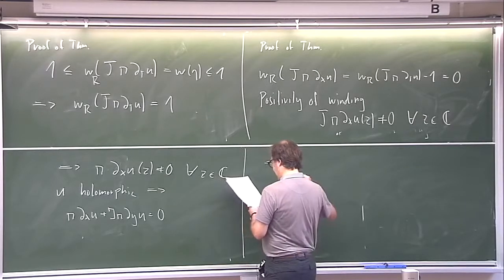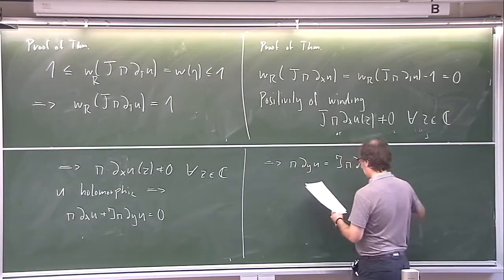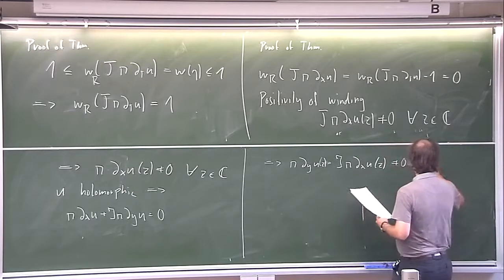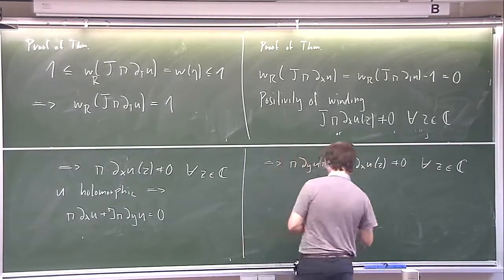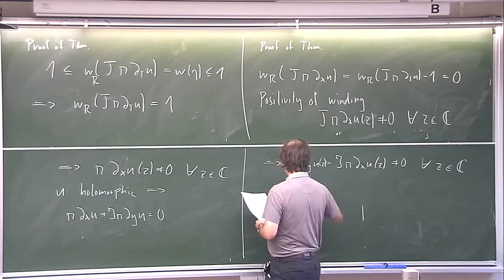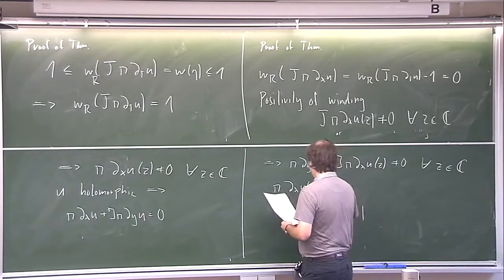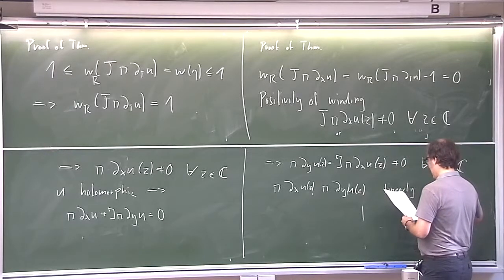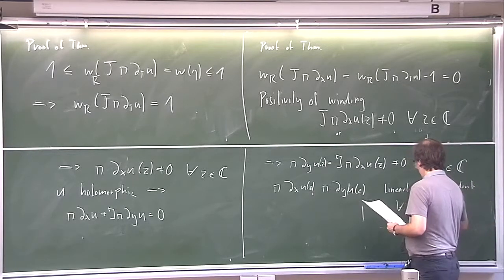So it follows that pi dyu, which is just j pi dxu, is different from 0 for all z in C. So we have pi dxu and additionally pi dyu, and they are linearly independent for all z in C.